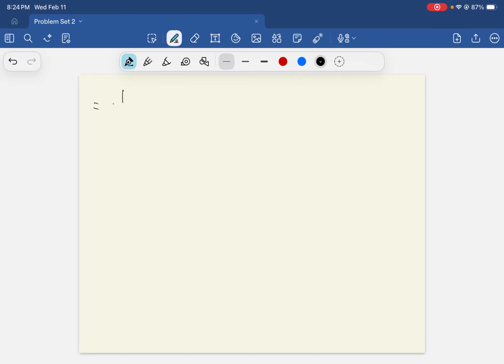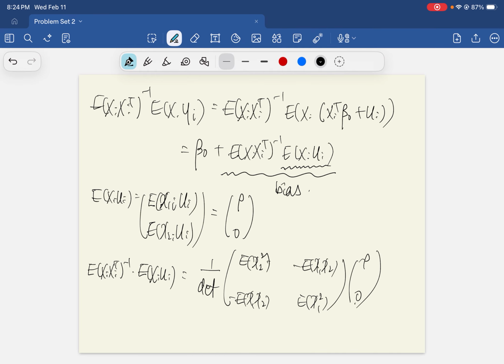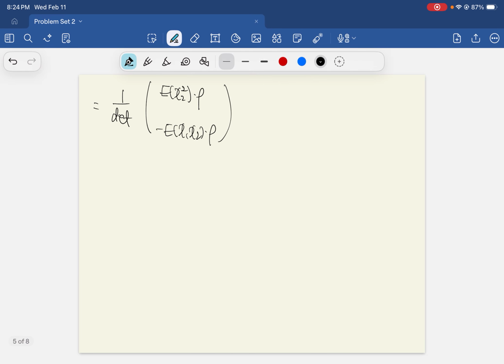That equals one over the determinant times expectation x2 squared times rho, minus expectation x1 x2 times rho. When you multiply like this, you get this form. The determinant is non-zero, which means we have misspecification bias that is proportional to rho.